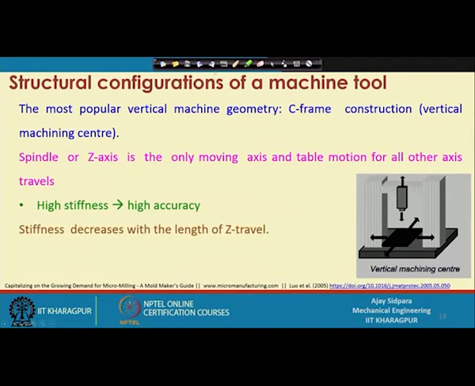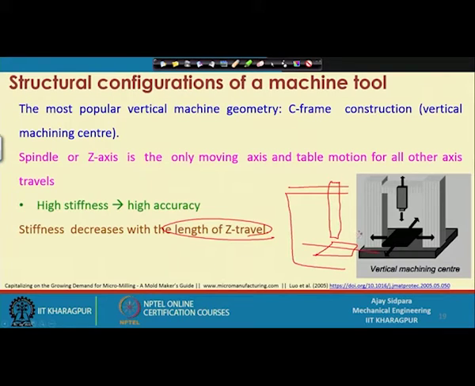But still there is a problem here also, because if you increase the length travel of the Z, now consider that suppose your Z travel is this much, correct, and then this is the remaining parts, and your table is located here, it is moving in these two directions, and this is the base of this machine, correct. So, more this thing, that means more you have to look after the straightness.